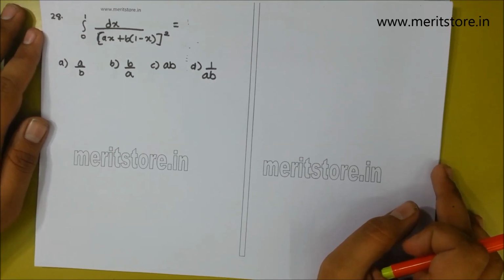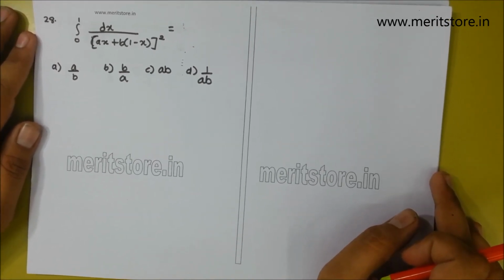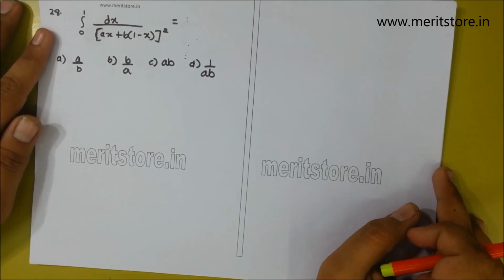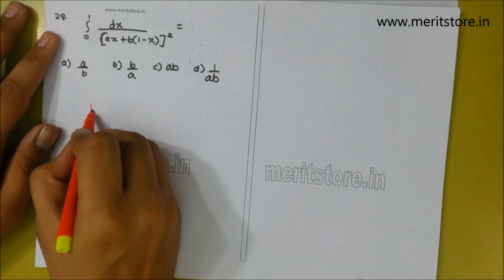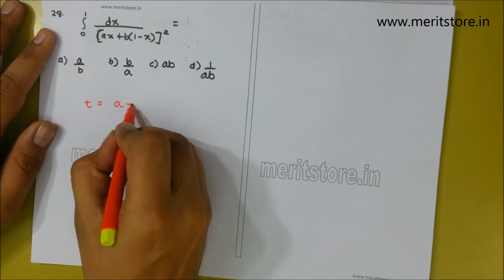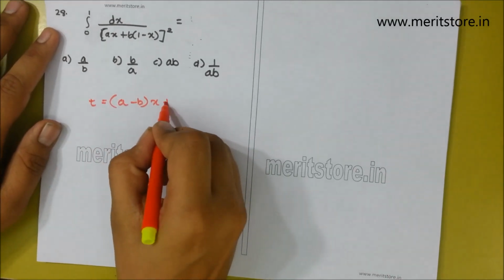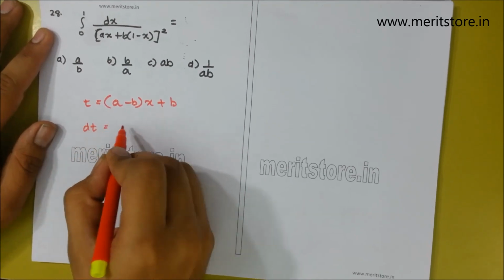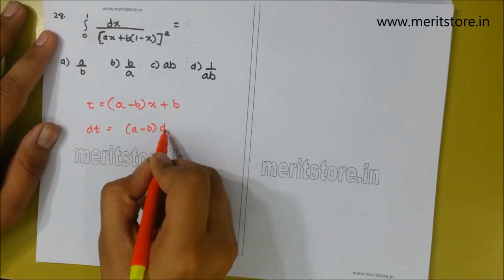Question number 28. Integral from 0 to 1 dx upon ax plus b 1 minus x the whole square is equal to. Now to solve this question, let us put the value for t as a minus b of x plus b. After differentiating both the sides, what we get is dt is nothing but a minus b dx.